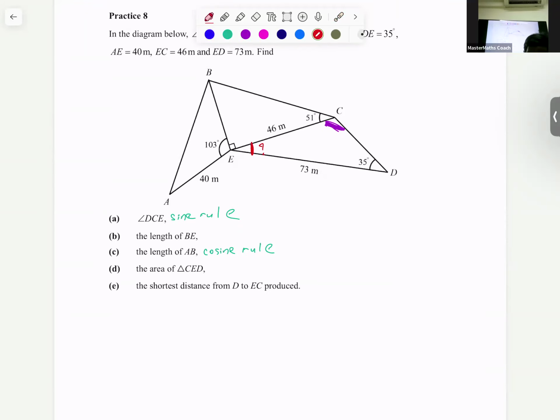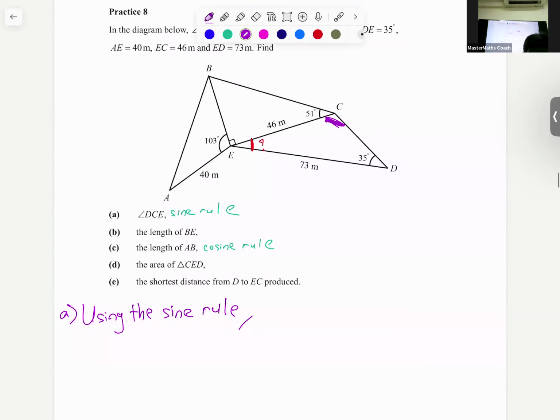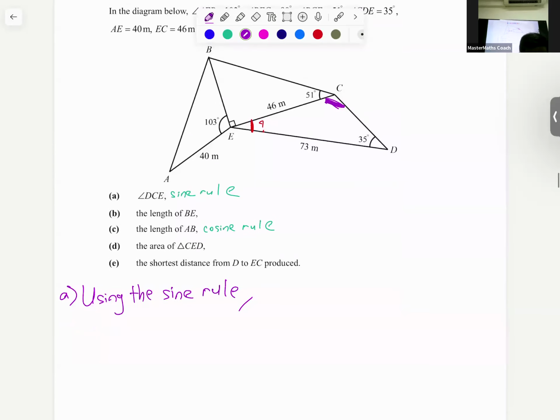All right. So can you tell me, for part A, using the sine rule, what will it be? Sine what over what? Remember, this is the angle we want to know, right?